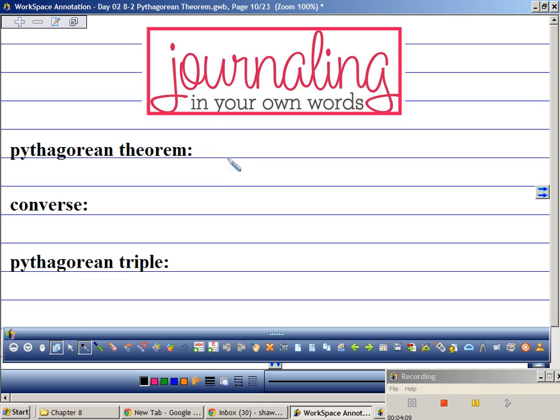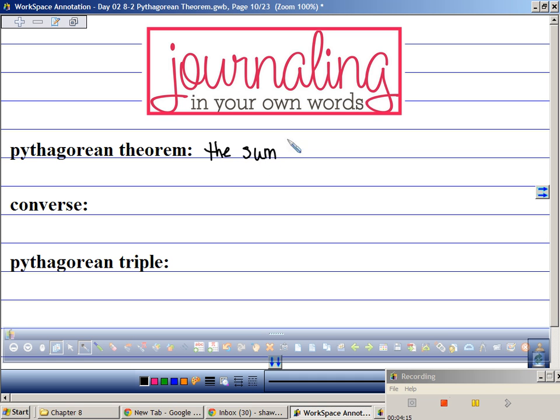So we were talking about area. We were talking about the side. So what about the sum of the area of the legs will equal, well, no, we're talking about the area of the legs. That is squaring them, right?